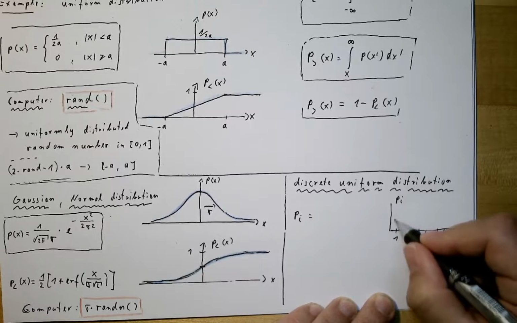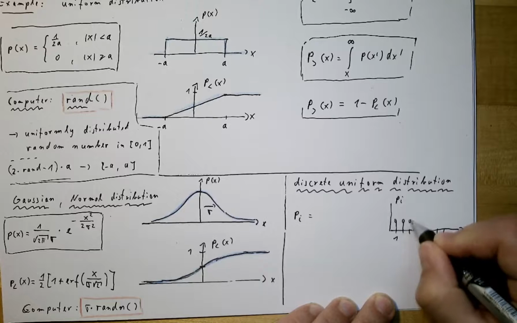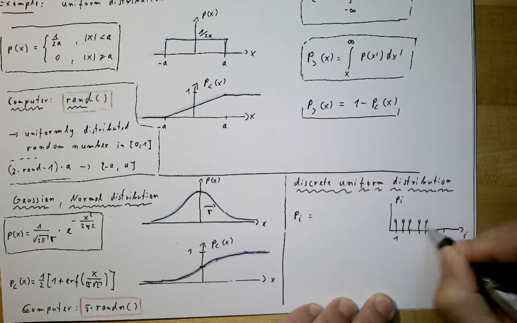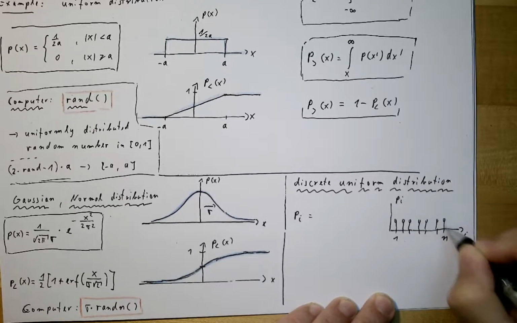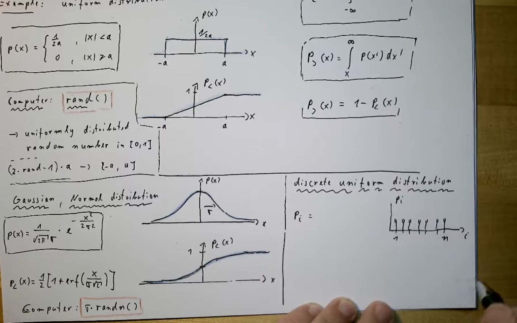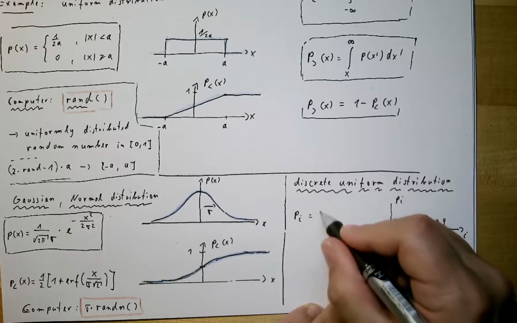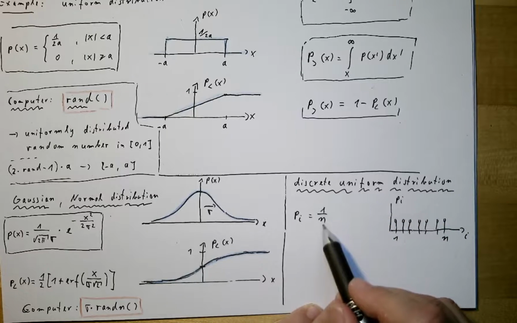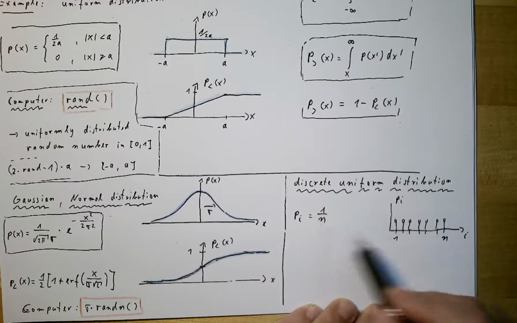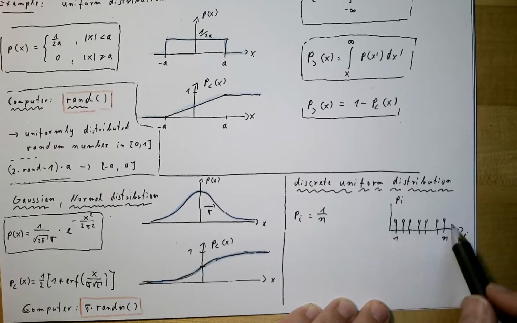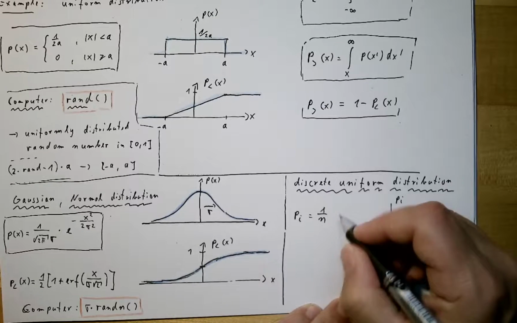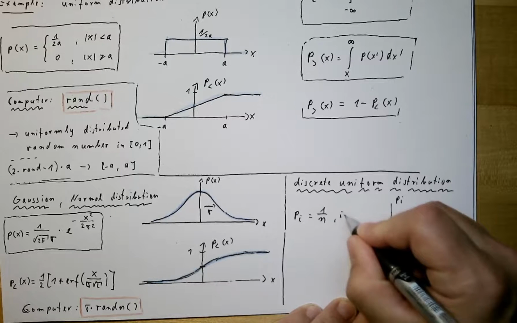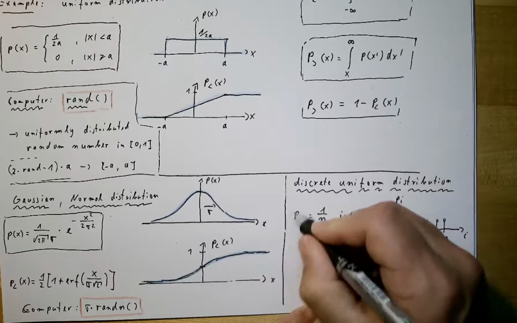So our distribution looks like this. All probabilities are equal, since this should be normalized. So the probability is 1 over n, so that the sum over all of them equals 1, for i equals 1 to n.